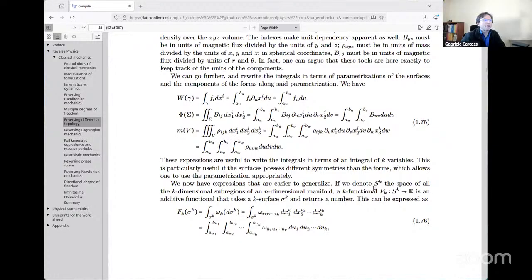Right. So we are assuming that there is the space of k-dimensional objects. So for a line, you're going to have the space of one-dimensional manifolds that are also going to be differentiable submanifolds. So you're going to have a differentiable curve embedded inside the space.